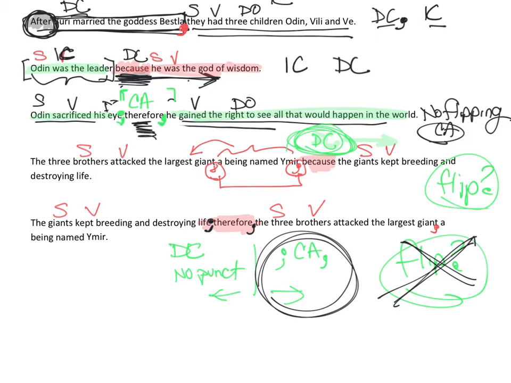In terms of why we have different structures, very simple. In the sentence before, the main idea was the brothers attacked the giant Ymir. The dependent clause, this is a dangly. It's less important. It's a detail. Because it is set up in a subordinating conjunction, we're saying, dude, this is not important. Don't focus on this.